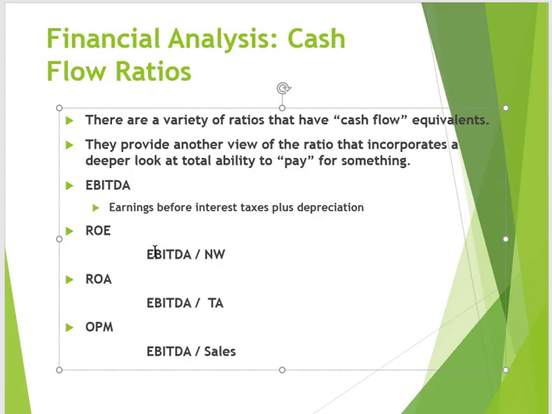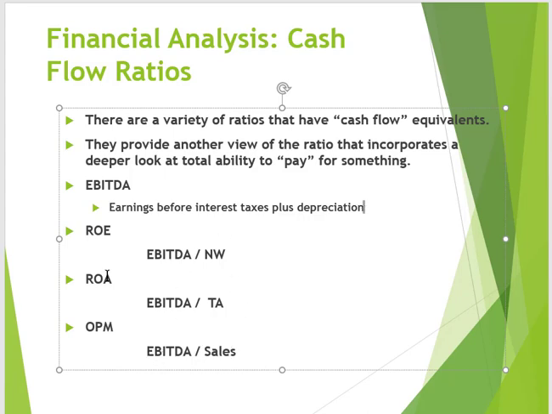How much operating cash is generated given investors' money for net worth? How much operating cash flow is created using the asset base? And finally, how much operating cash flow is created given the sales of the company?